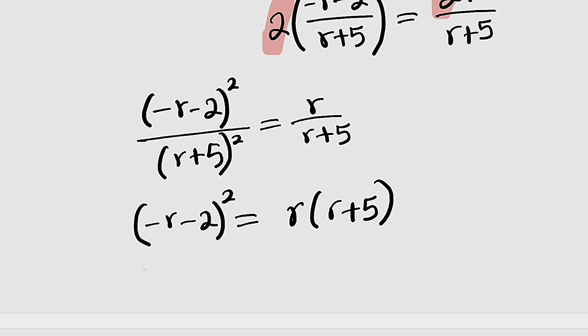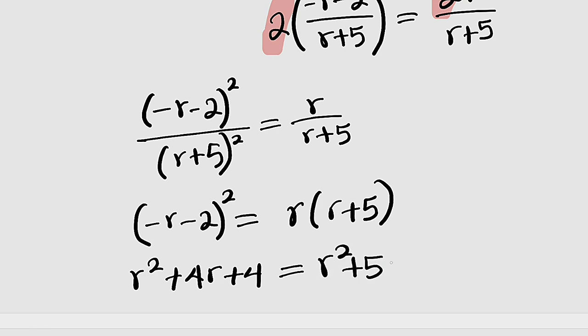Negative r squared will give us r squared. Then 2 times this times this. Let us multiply them first before we multiply by 2: this will give us positive 2r times 2, that will give us positive 4r. Then the second term squared will give us 4. This is equal to r times r is r squared, 5 times r is 5r.